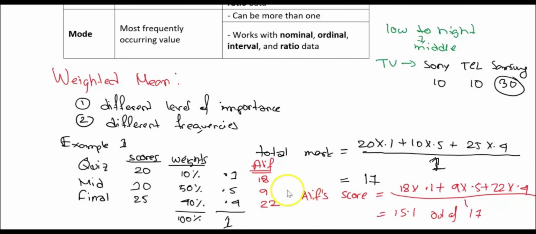So what would be Alif's score? Alif's score would be 18 into 0.1 এখানের ওয়েটটা, 19 into 0.5 এখানের ওয়েটটা, and 22 into 0.4 ফাইনালের ওয়েটটা, divided by 1 because it's a total 1, we can choose not to show it. Anyways, it comes to 15.1. So Alif got 15.1 out of 17. I hope it makes sense.